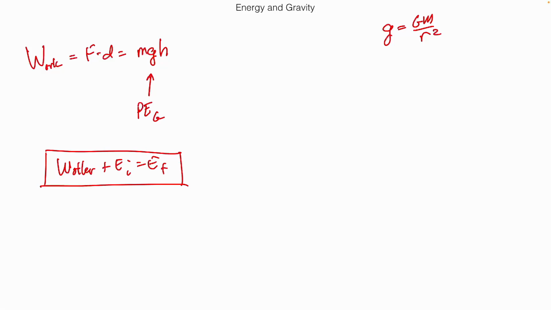So if little g is no longer constant, and we want to be able to do conservation of energy, because again, conservation of energy comes with benefits, right? If we don't need to know the acceleration, if we don't need to know the force, we just want to know how fast something is going if we drop it off the International Space Station, or how much speed we need at launch to get from a certain height.